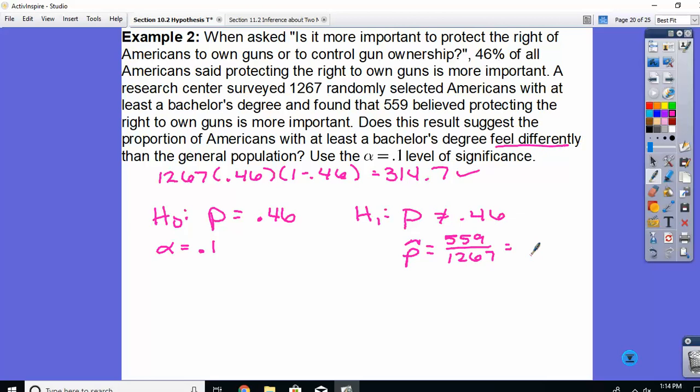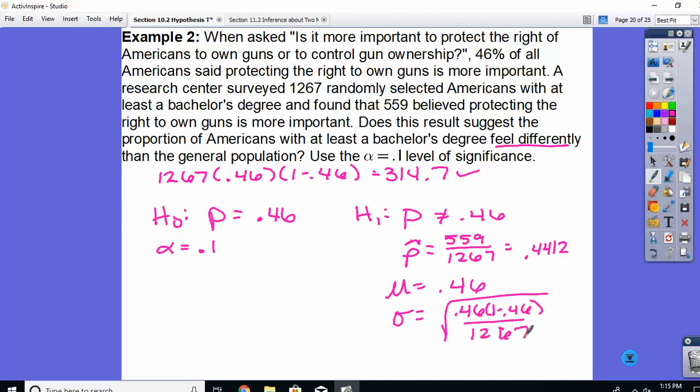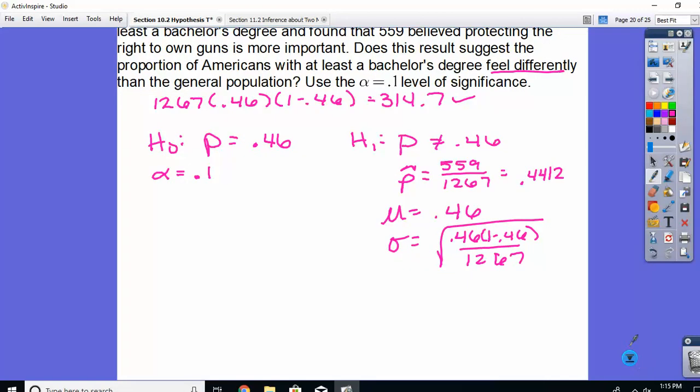We need our p-hat, which is 0.4412. We need our mean, which is the 0.46. We need our sigma, which is the square root of 0.46 times (1 minus 0.46) over 1,267.